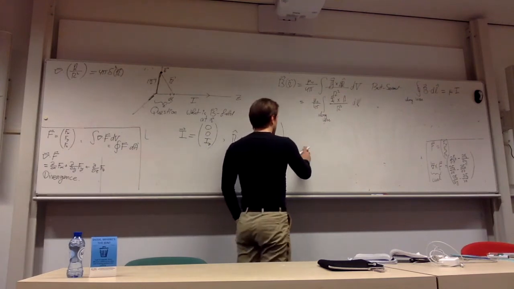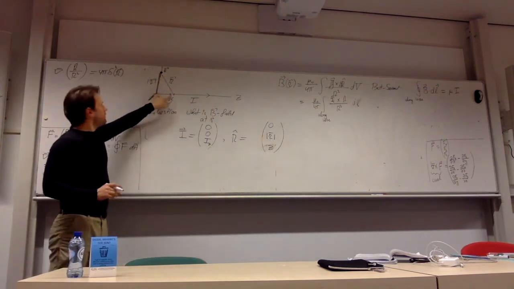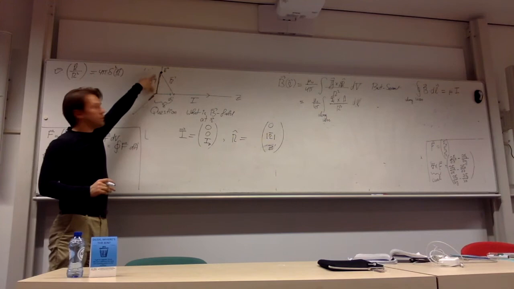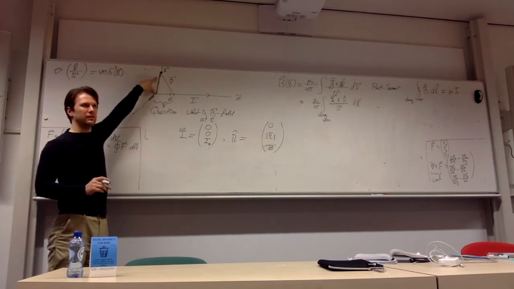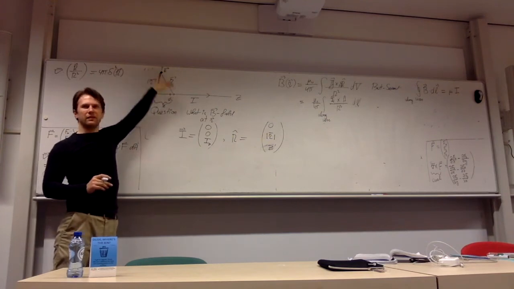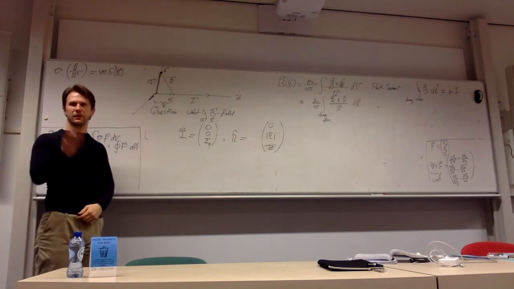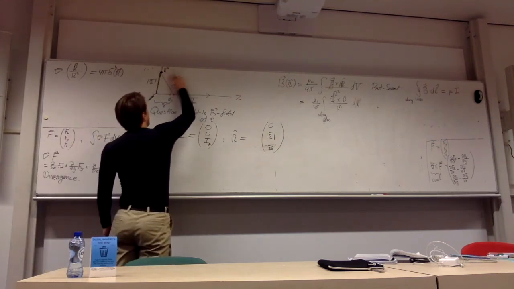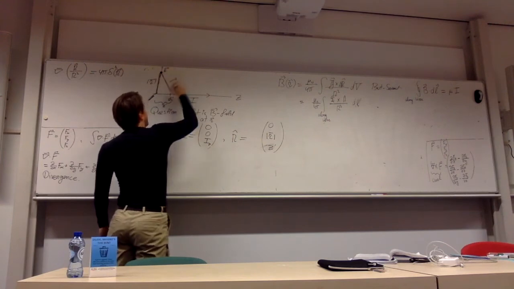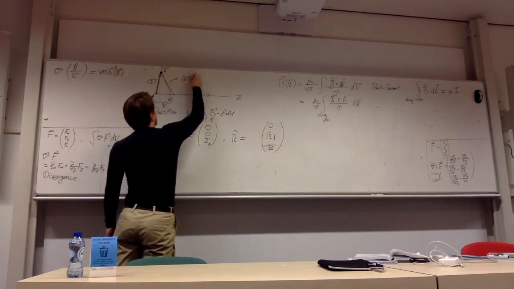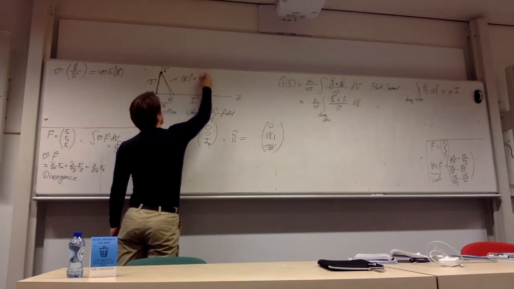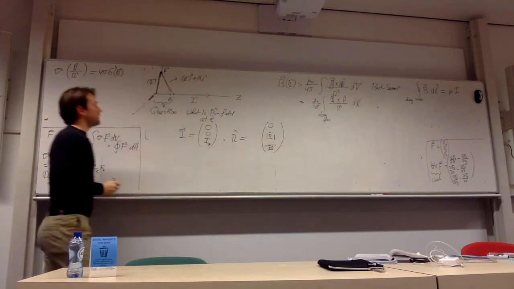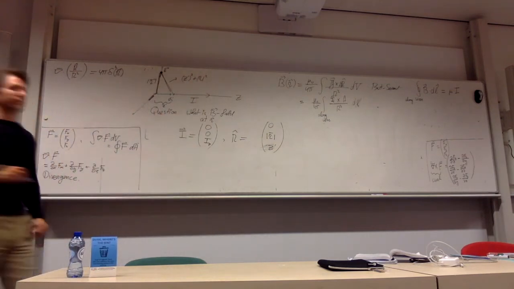So what is the length of this vector in the first place? If this is z prime and this is r, how much length is in there? That's the Pythagorean theorem, of course. So the length of this side is really just the square root of z prime squared plus z squared.